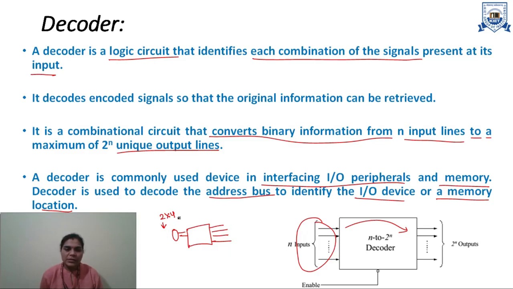So this decoder will make one output line active and the others inactive based on the n-bit encoded code at its input. So a decoder is used to identify the address to address some memory location or input output device.